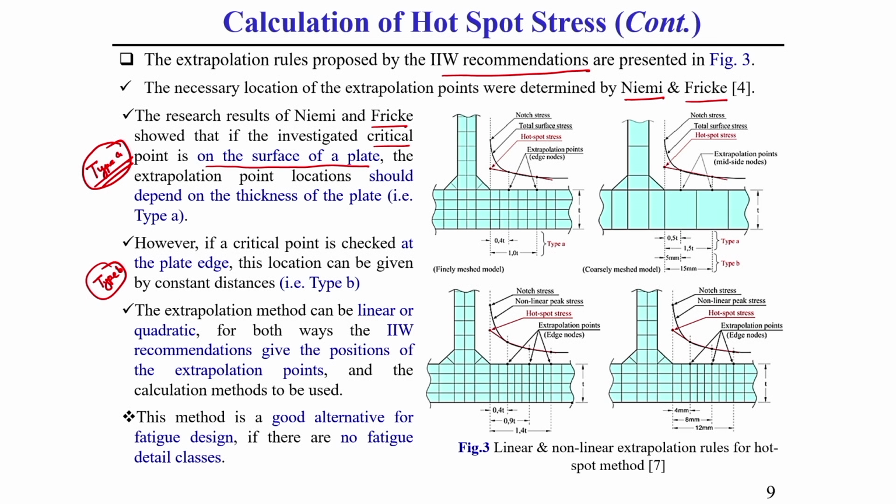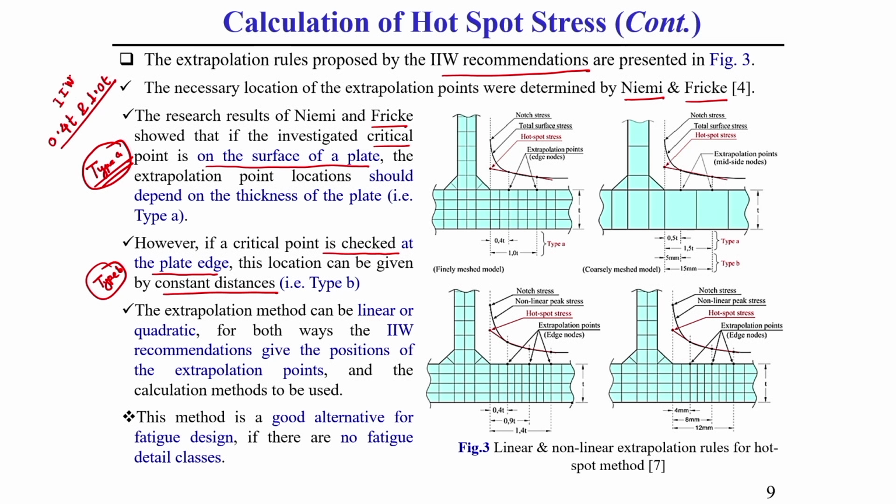So, that is why I have written here. However, if the critical point is checked at the plate edge, like in type A, I have already told you the 2-point stress values according to IIW standard are 0.4 T and another one is 1.0 T. T is the thickness of the plate. So, this is according to IIW standard.